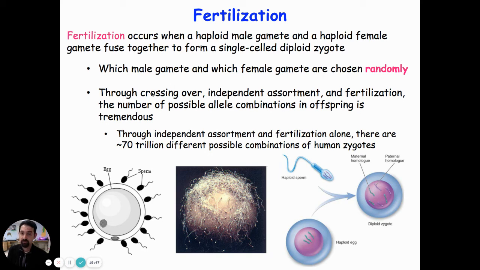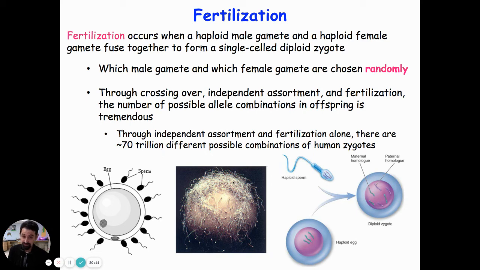Okay, so due to crossing over, independent assortment, and random fertilization, the number of possible allele combinations in offspring is tremendous. Through independent assortment and fertilization, there's greater than 70 trillion different possible combinations of human zygotes. 70 trillion. So that's a lot. That's like 70 million millions.